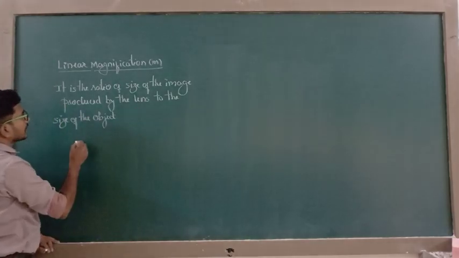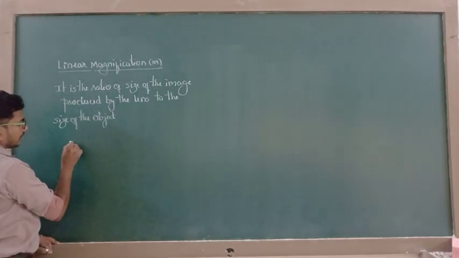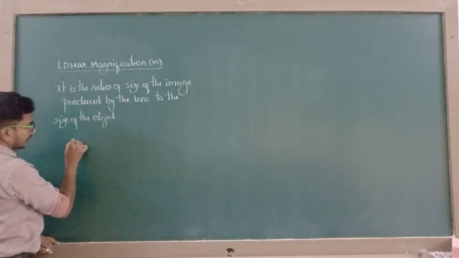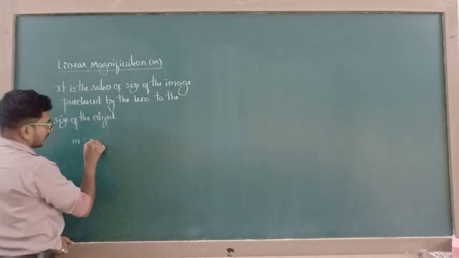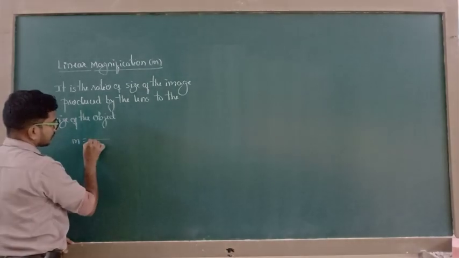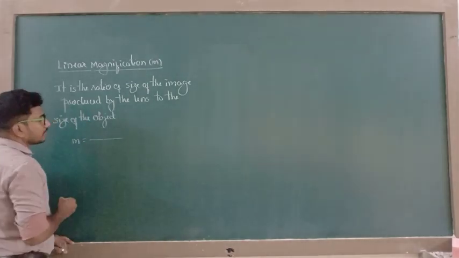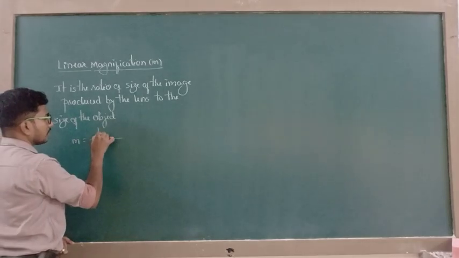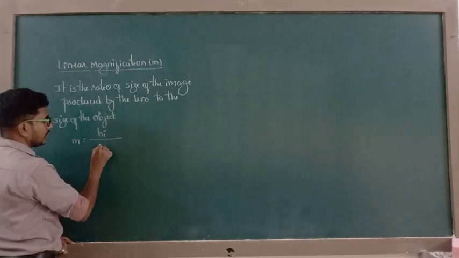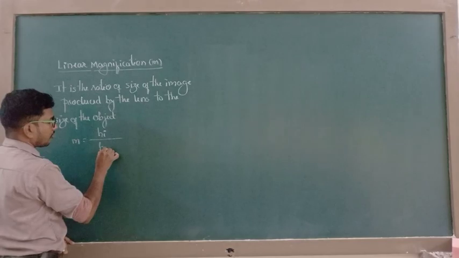So mathematically we can write linear magnification is equal to size of the image, or height of the image, divided by height of the object.